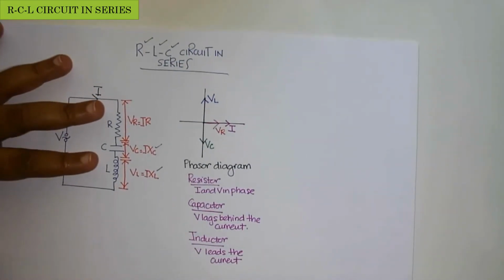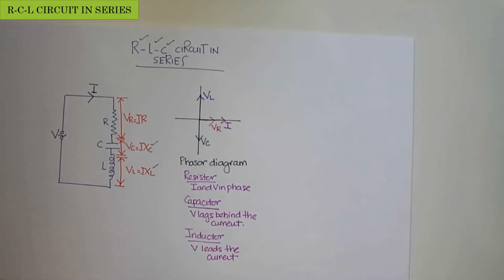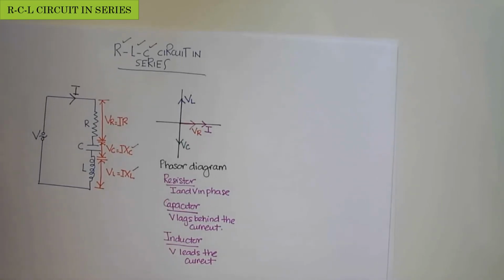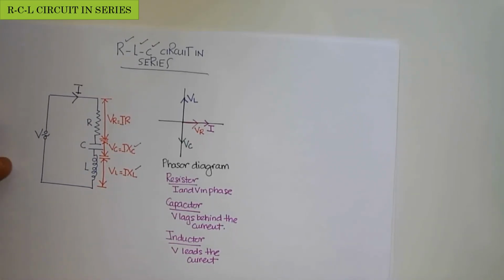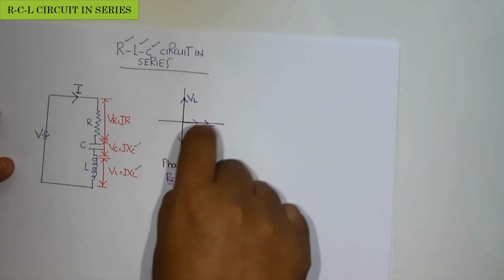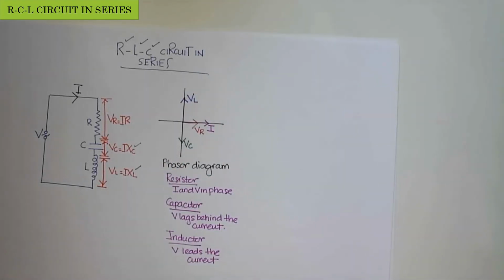What we do first is find the total voltage in the y-axis. We want to find the impedance. The impedance is somewhere around this area here. So to find the impedance, we take VL minus VC.